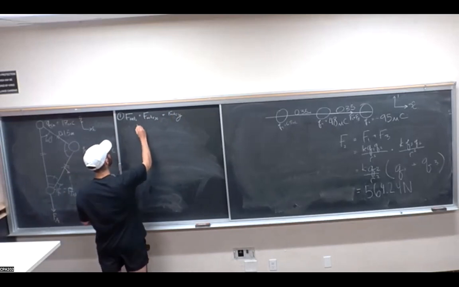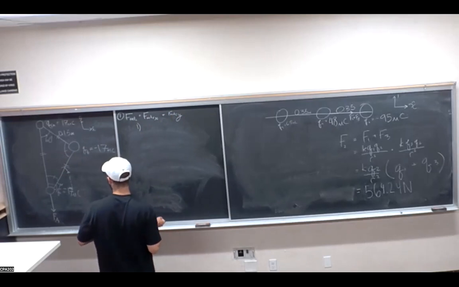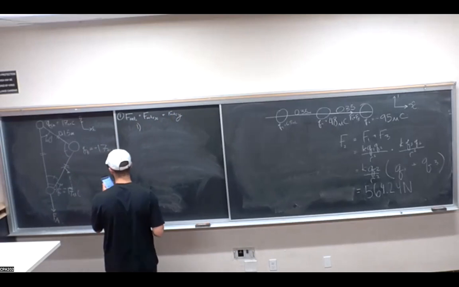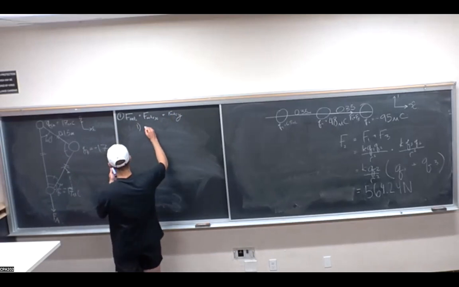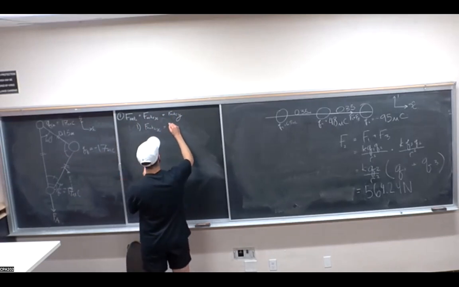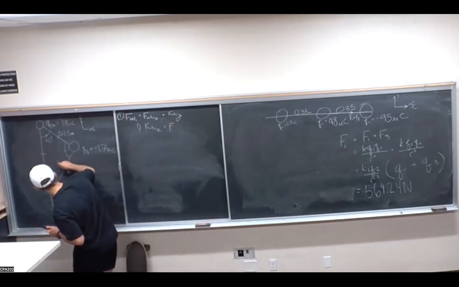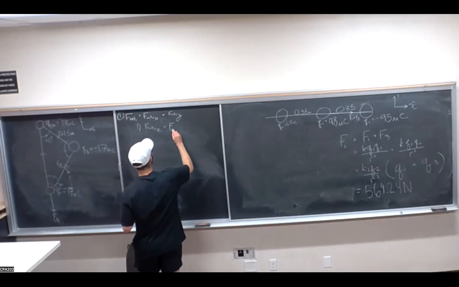So the first thing we need to do is find the X or the Y, but to me, the X looks a little bit easier because there's only one vector in the X direction. So F net CX is going to be equal to, I'm going to call this FB, is equal to FB.